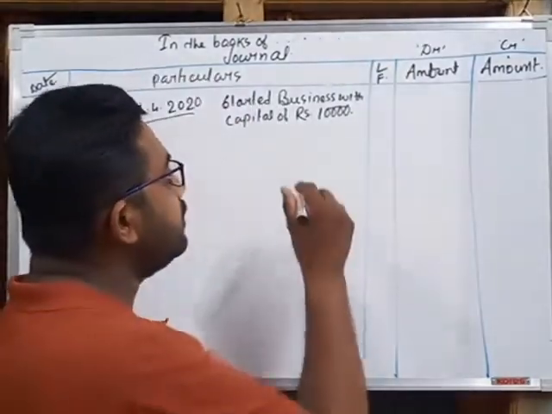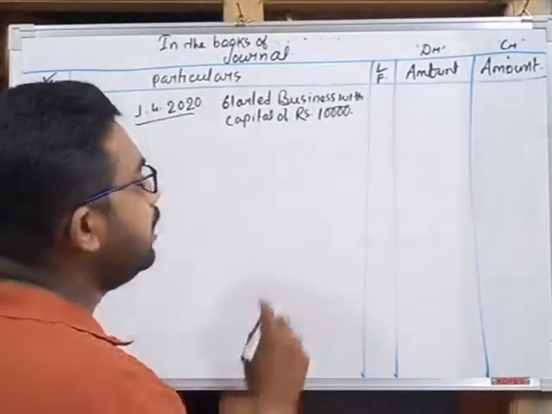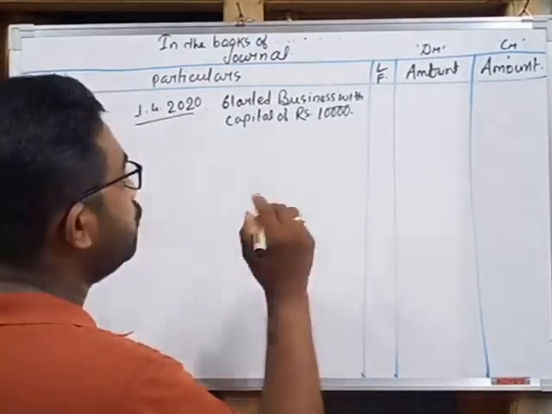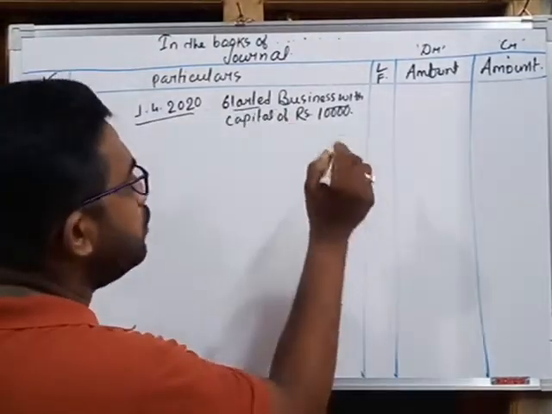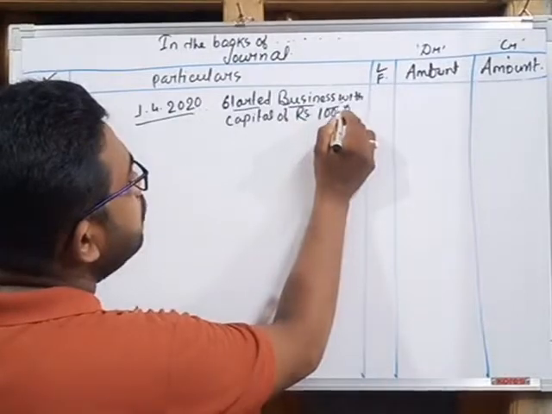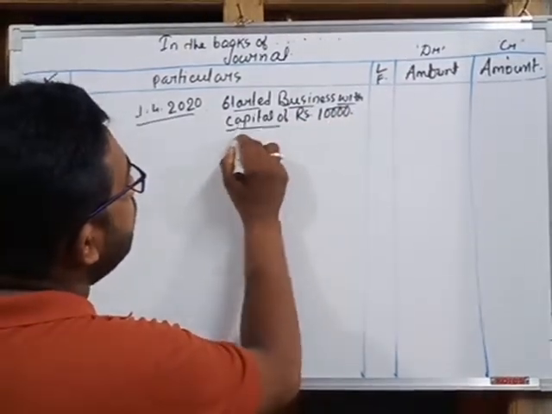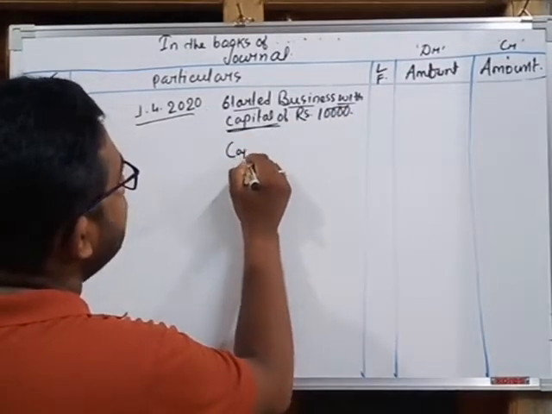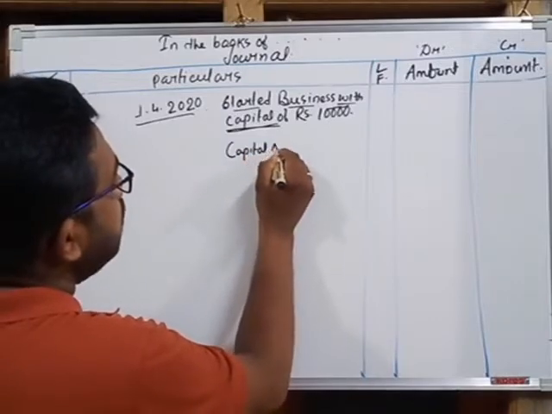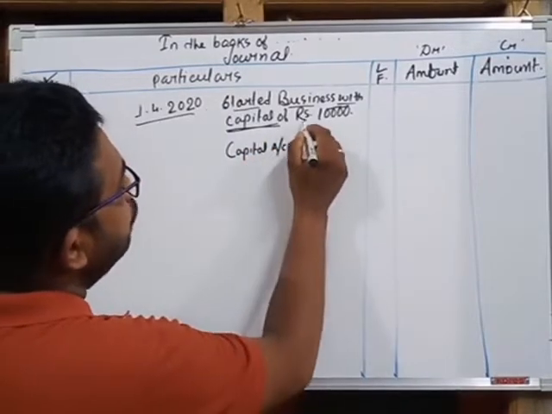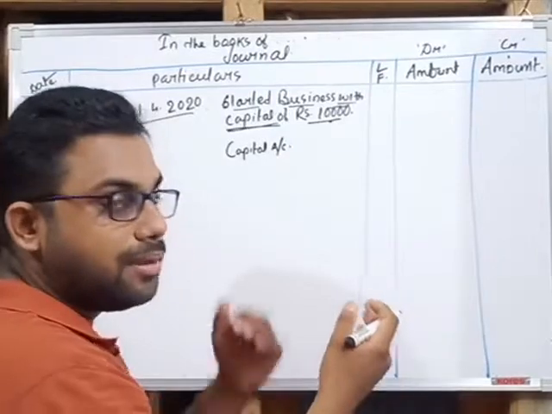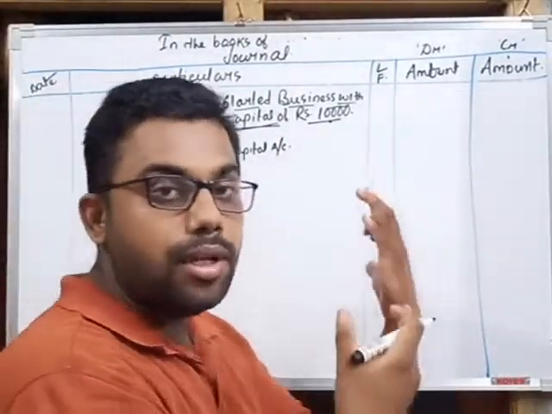From this transaction we have to identify the two account heads. Started business with capital: capital is one account head, so one is the capital account, and the amount is rupees 10,000. How will the businessman bring the capital?